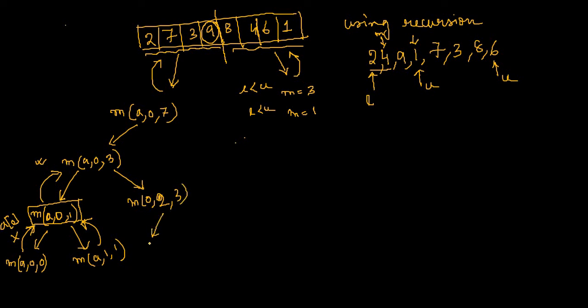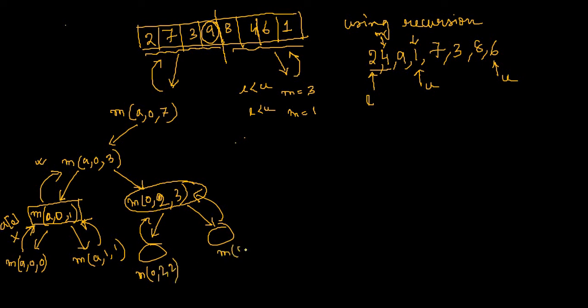So again from here to here, then after returning back, this one will compare the result from this part and this part. That is M 0, 2, 2, and here it is M 0, 3, 3, right?